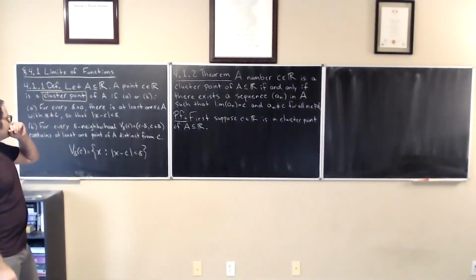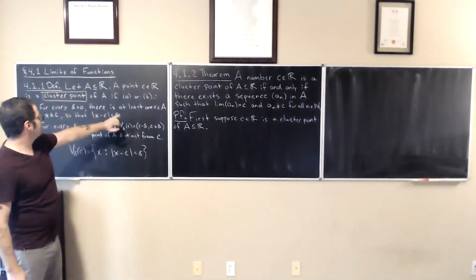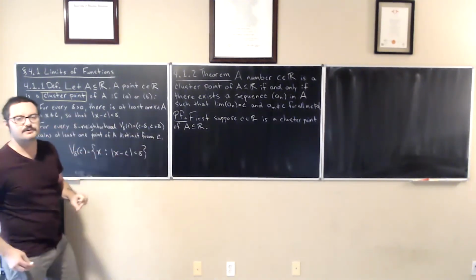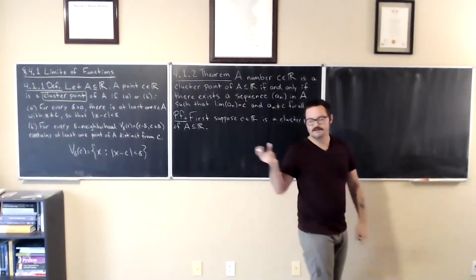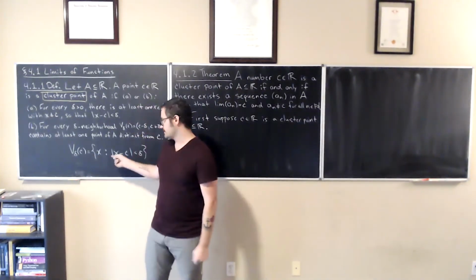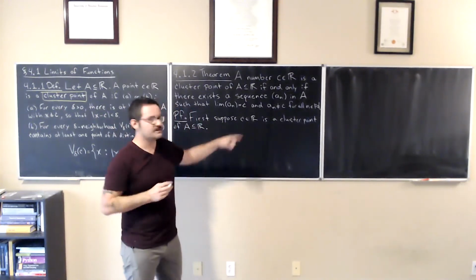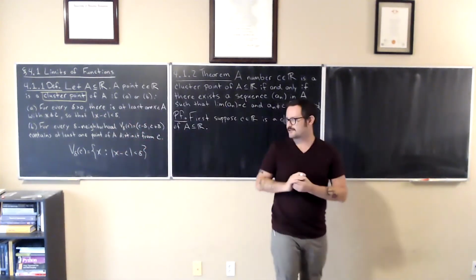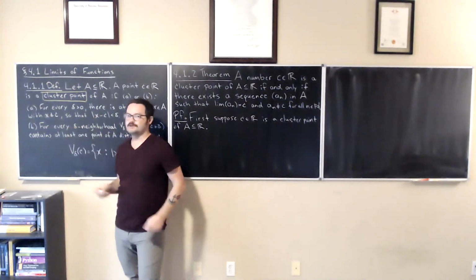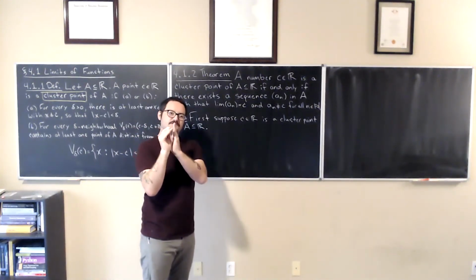So we know that if C is a cluster point of A, right, then for any choice of delta, there's a little neighborhood around C that contains an element of A different than C. If we can make these neighborhoods get smaller and smaller and smaller, we can force those elements that are guaranteed to be in these sets, by definition, to get closer and closer and converge to C. Okay, so I think that's the idea, the approach, is to take smaller and smaller delta neighborhoods around C and pick an element from each of them so that as we get smaller, we go to C.